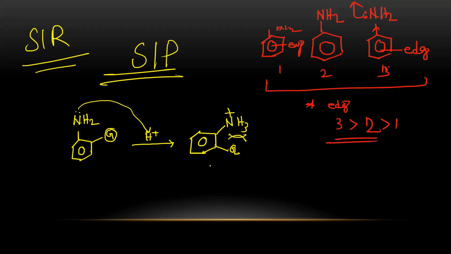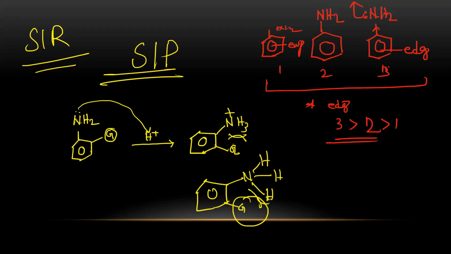So for example, in another case, the G group is very much bulky. Then if the protonation occurs at NH3, it will be very much unstable, because initially there were 2 hydrogen and now there is a 3rd hydrogen. So there will be too much steric hindrance. So this G group will prohibit this molecule from getting protonated. So this protonation will be hampered.